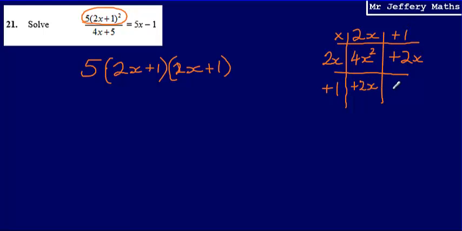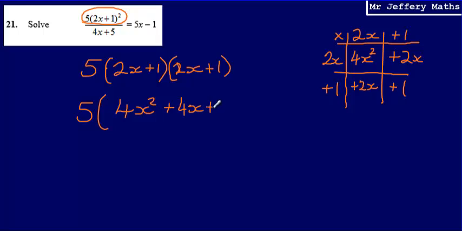And then 1 multiplied by 1 just gives me 1. So when I expand these double brackets out and simplify, that's going to be 5 lots of 4x² + 4x + 1.